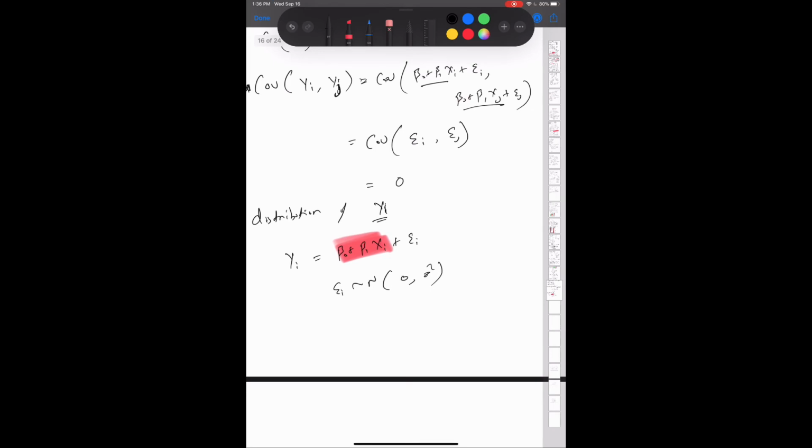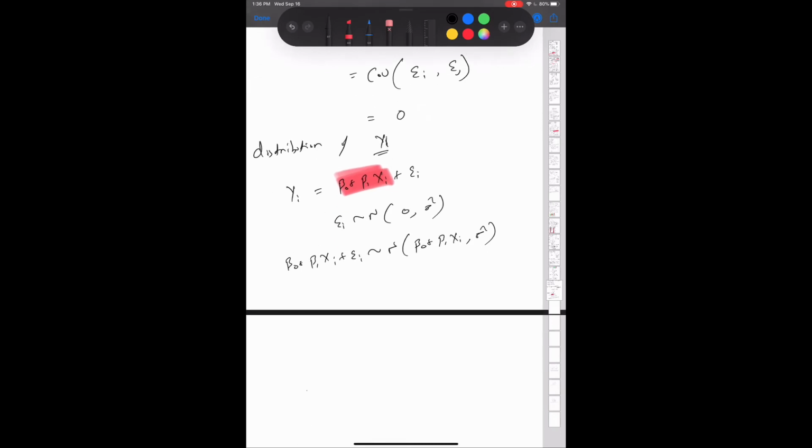If epsilon is this, then beta 0 plus beta 1 xi plus epsilon i is a normal random variable with mean beta 0 plus beta 1 xi and variance sigma square. So yi is a normal random variable with just the mean shifted.